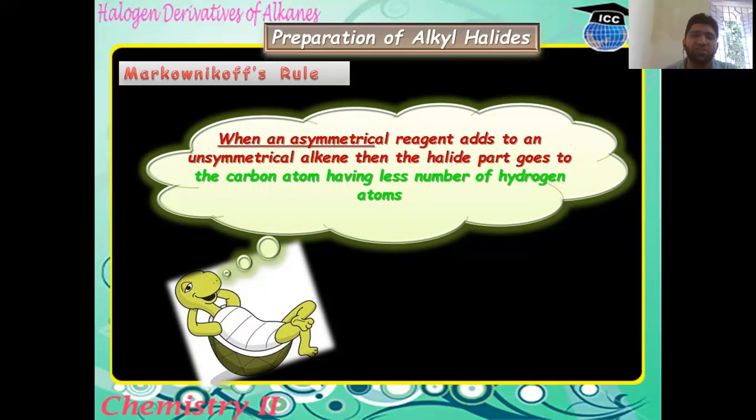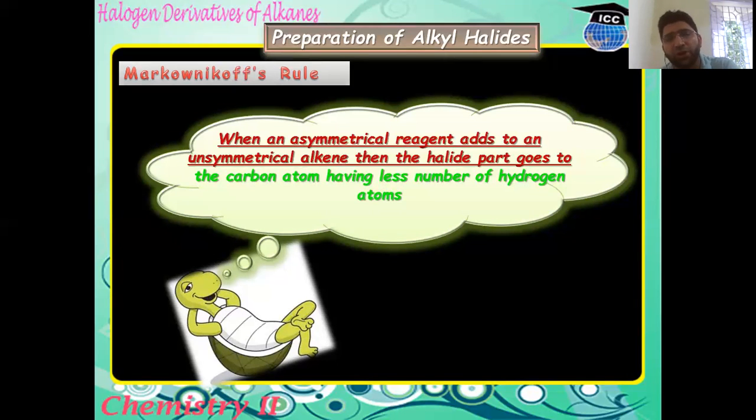Now let us first state what this rule is. The rule states that when an unsymmetrical or asymmetrical reagent, which adds like HCl, HBr or HI, adds to an unsymmetrical alkene, then the halide part, chloride if it is HCl, bromide if it is HBr, iodide if it is HI, goes to the carbon which is having lesser number of hydrogen atoms.